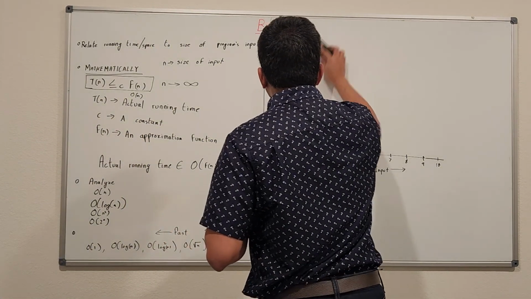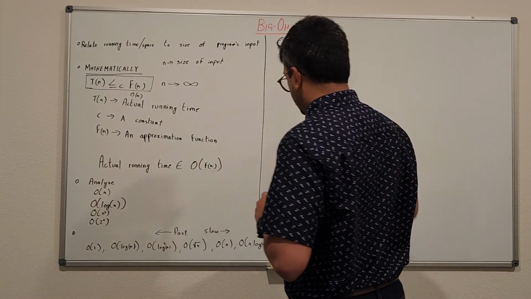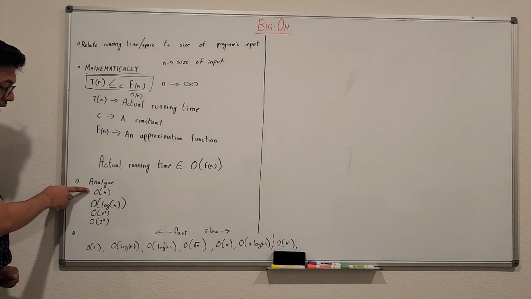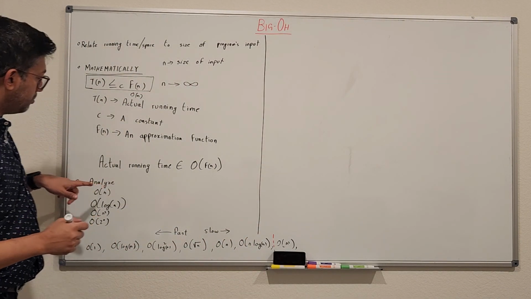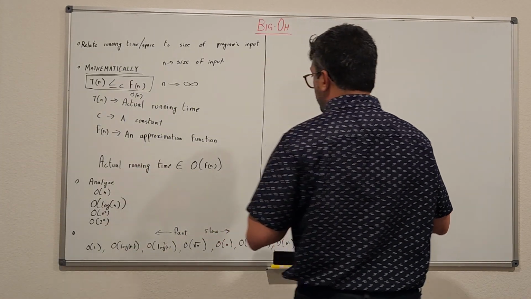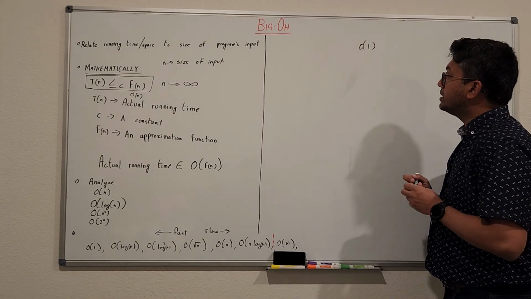Now let's look at a few real examples of BigO. Let's look at an algorithm that takes constant time. Before we see BigO of n, there is also something called BigO of 1. BigO of 1 means it's constant time.